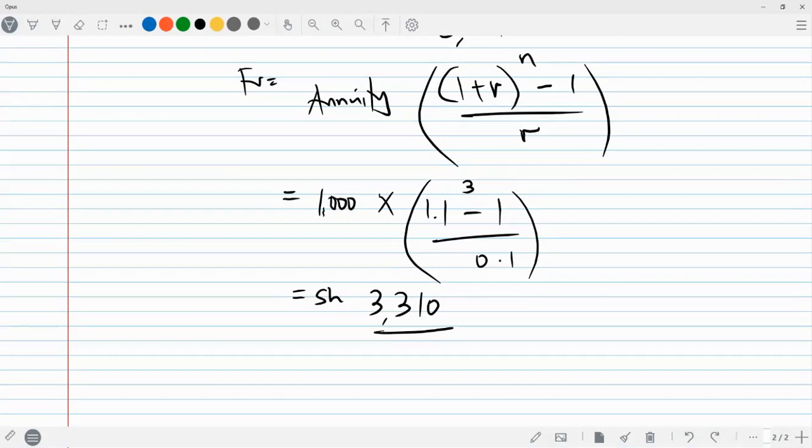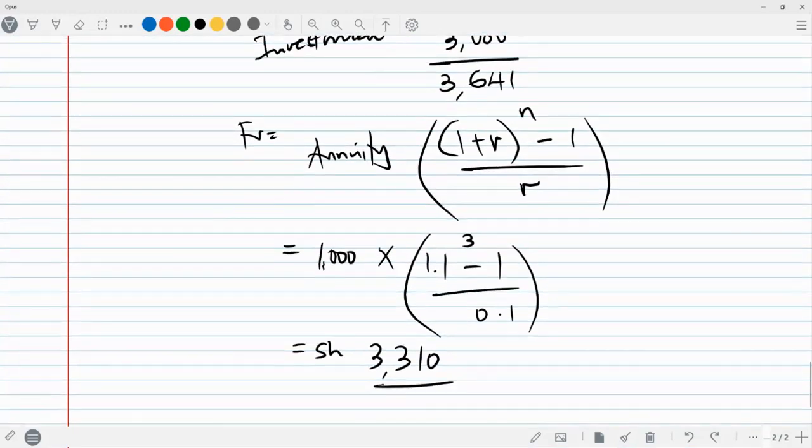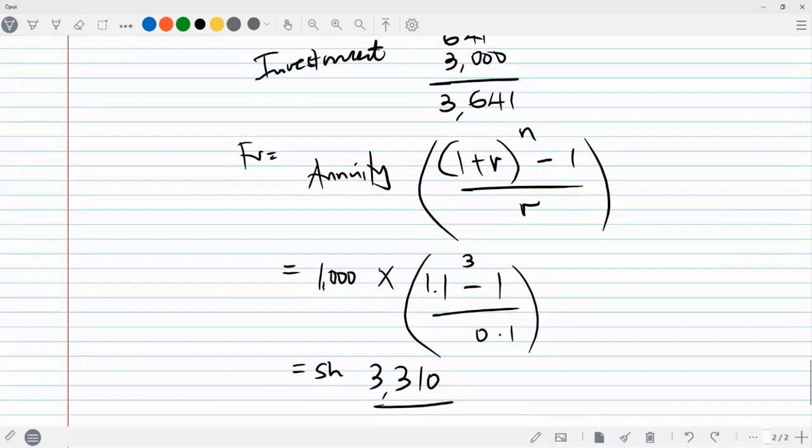$36.41. That's 641. Yeah, we need to qualify.